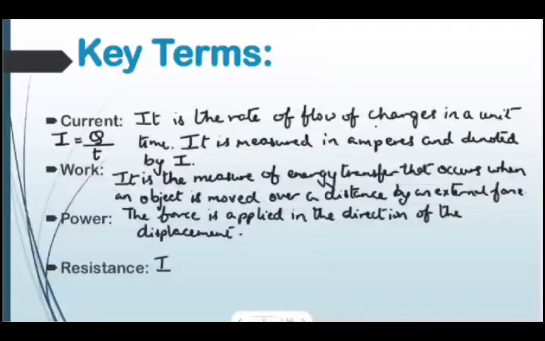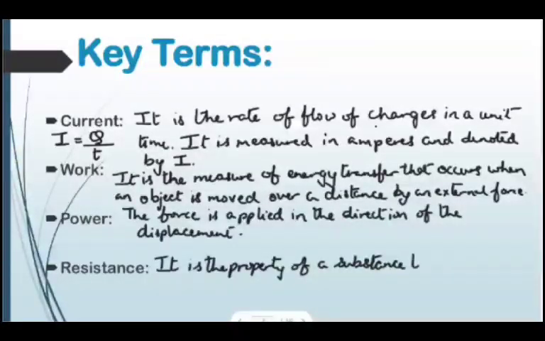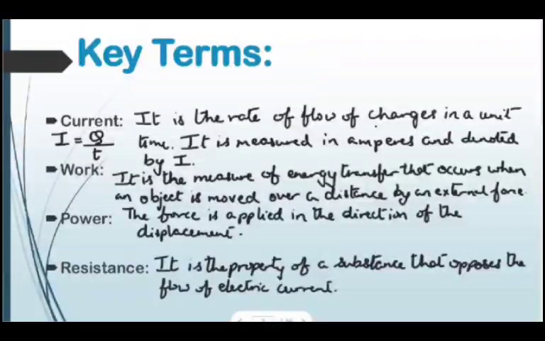Oh, I forgot power. I will do resistance first and then I'll do power. So it is the property of a substance that opposes the flow of electric current, which reduces the flow.